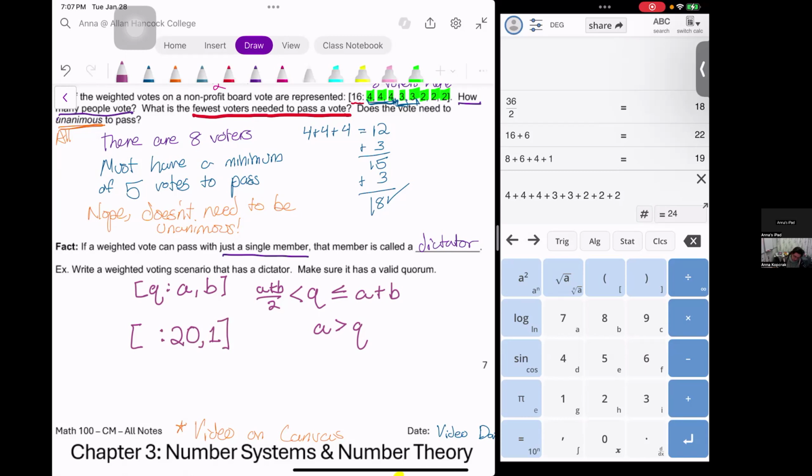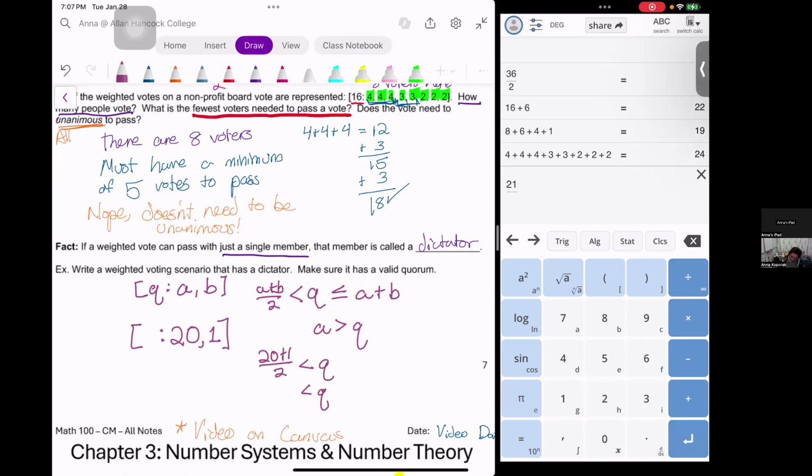Okay, which means that I need my quorum to be bigger than 20 plus 1 divided by 2. Which is, I need my quorum to be bigger than 20 plus 1 is 21 divided by 2 is 10.5. So I could have my quorum be 11. And I think I could even have my quorum be 11 or 12. I'm actually going to go all the way up to 12.